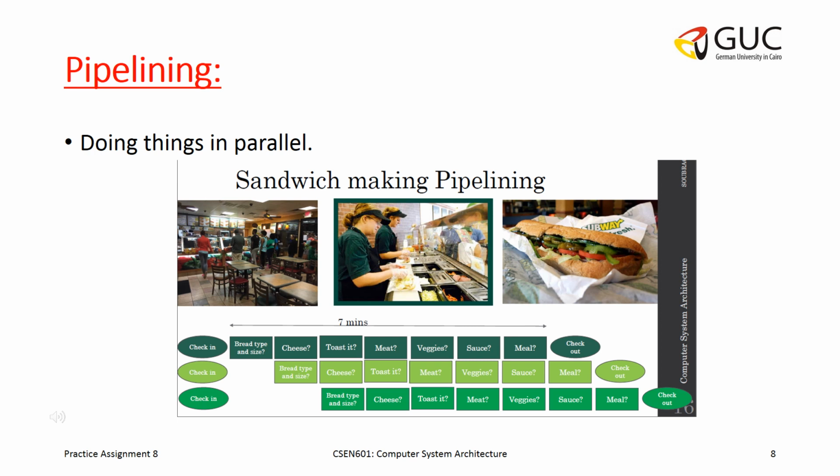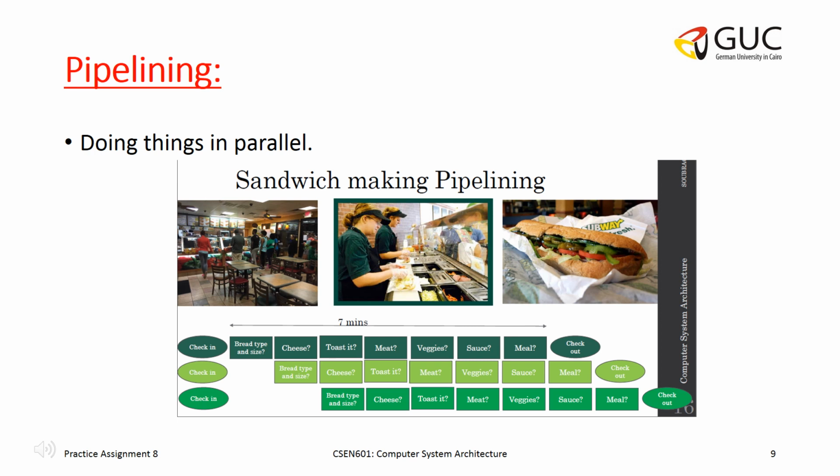Let's have an example first about the concept of pipelining in general, and then apply this example on what we are having in computer architecture. So in the example here, we are having in this picture the pipeline way of Subway, the restaurant called Subway.